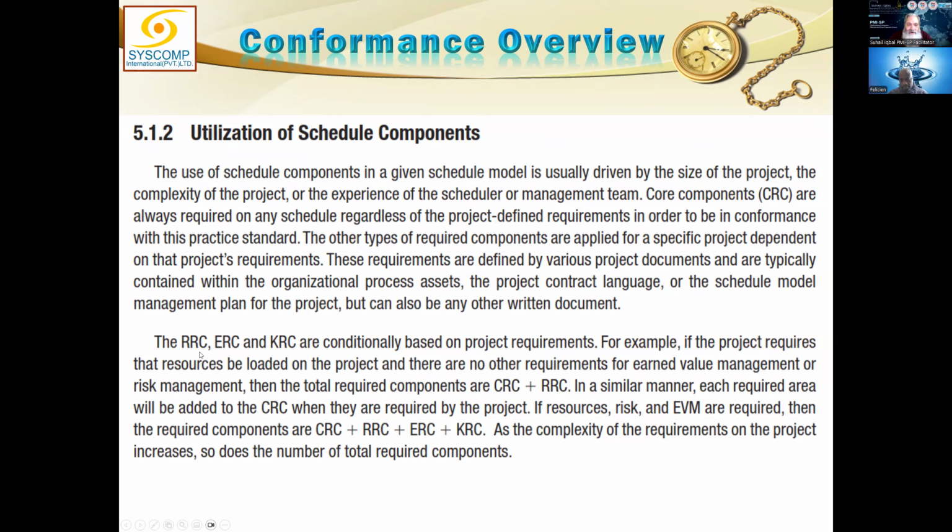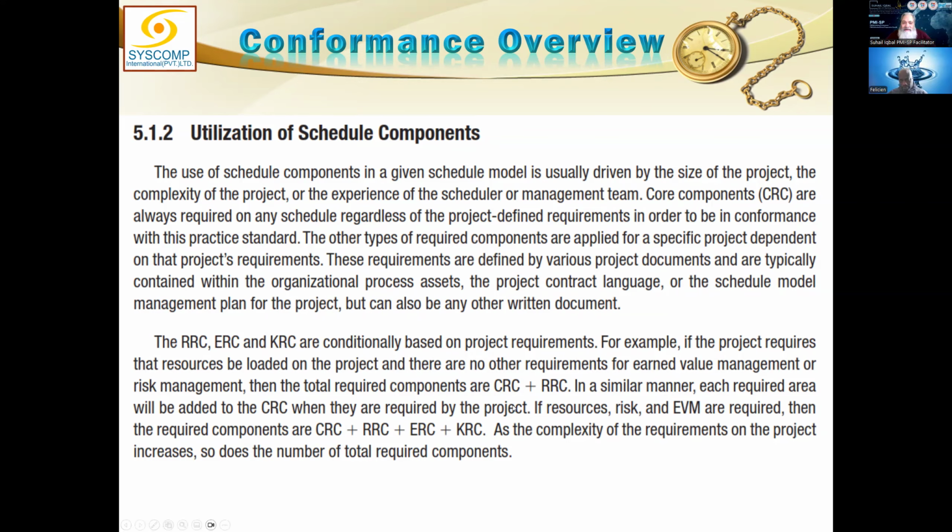Why are they not already required? Because on all projects, people usually do not exercise all these three things. These three things may or may not be done. If they are done, they are considered required. For example, in addition to the core required items, you are doing resource management on your project.